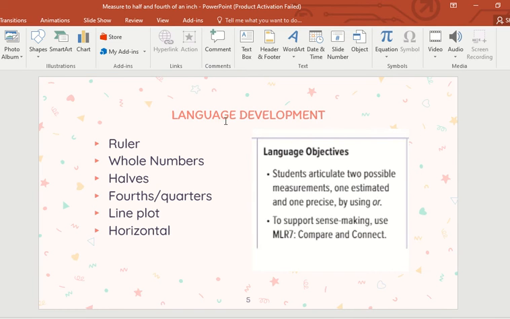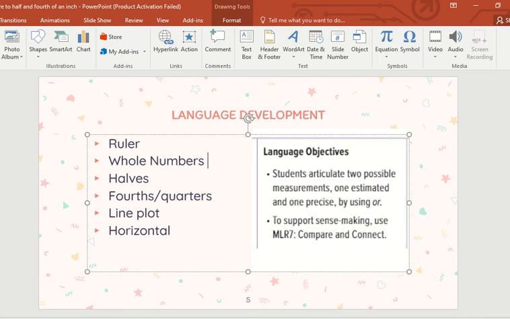Okay, the most important thing is the language development. You know what is a ruler in maths? Whole numbers are the numbers which start from 0, like 0, 1, 2, and so on. Up till you can write 100, up till 1000.